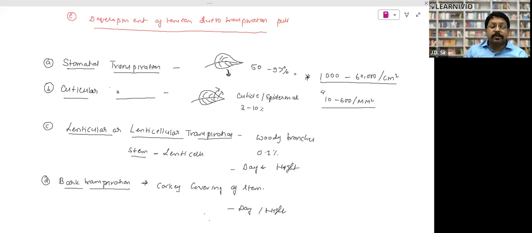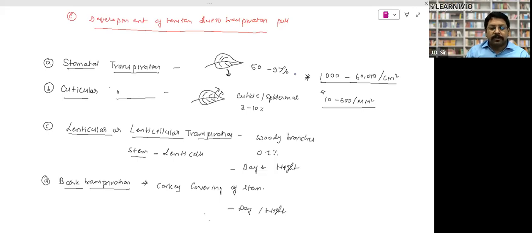Lenticular transpiration. There are certain holes in the stem. These are called lenticels, right? Lenticels are found in the stem. They always remain open, right? They never close down.